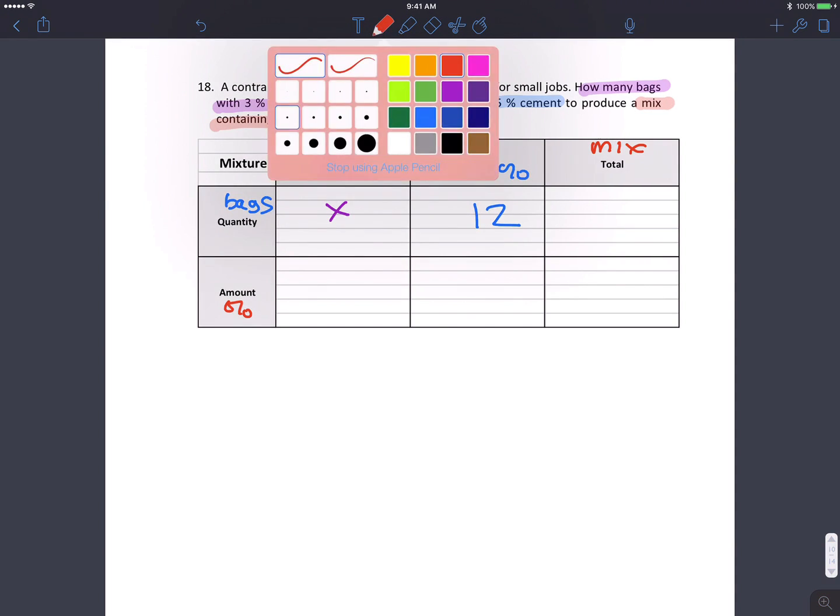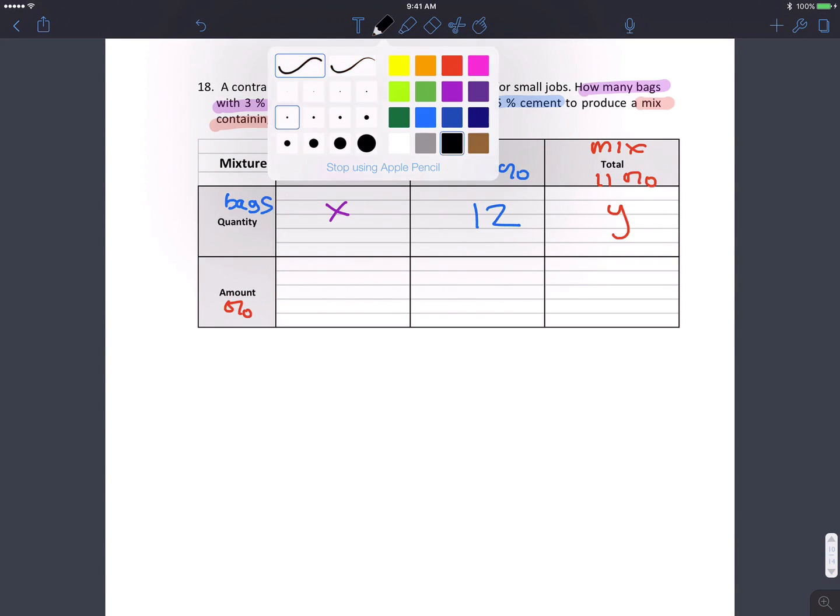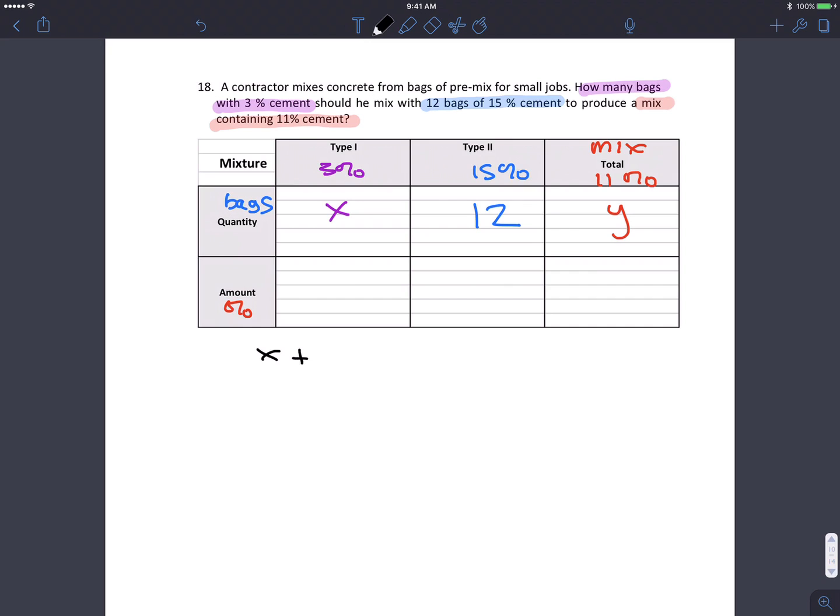So the mixture has to be 11%. Now we don't know what the total is, so we're going to call that Y. Our first equation is X plus 12 equals Y. These are the things we discussed in lecture. That's our first equation for our mixture question.